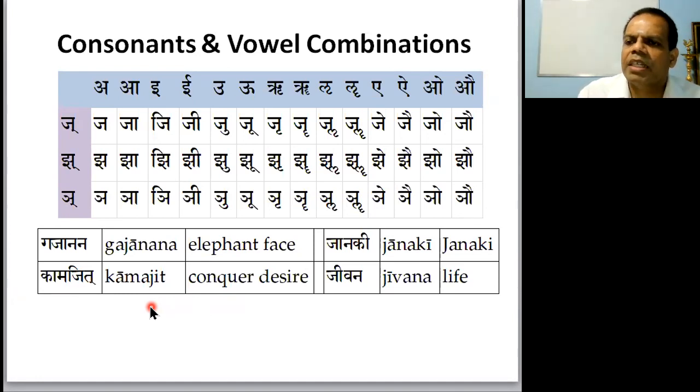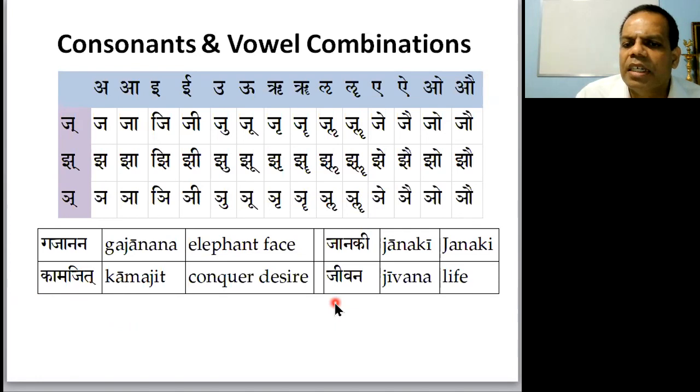There are words like Satyajit, Indrajit. Indrajit is the name of Ravana's son, who is supposed to have won over Indra. So Kamajit means one who has won over desire or Kama. There are other words like Mohajit, one who has conquered Moha. So you may come across some of these words, not necessarily in bhajans, but definitely in any Sanskrit shlokas you may come across. So I thought I will introduce that.